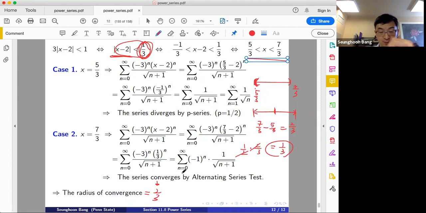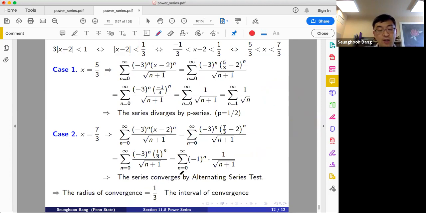Either is fine. Next, what is the interval of convergence? Could you write your answer on the chatting board? What's the interval of convergence? You're right, thanks.